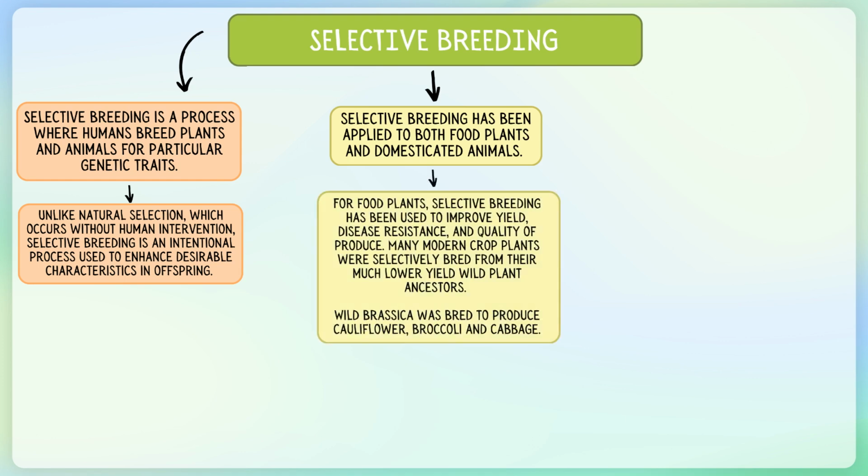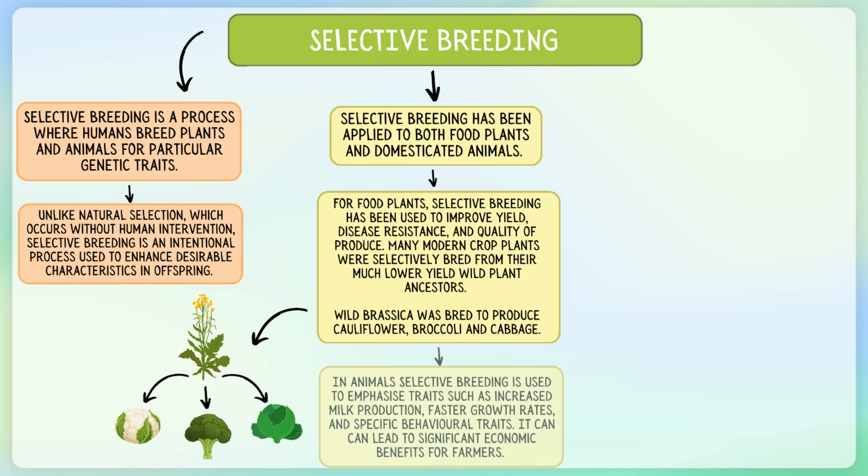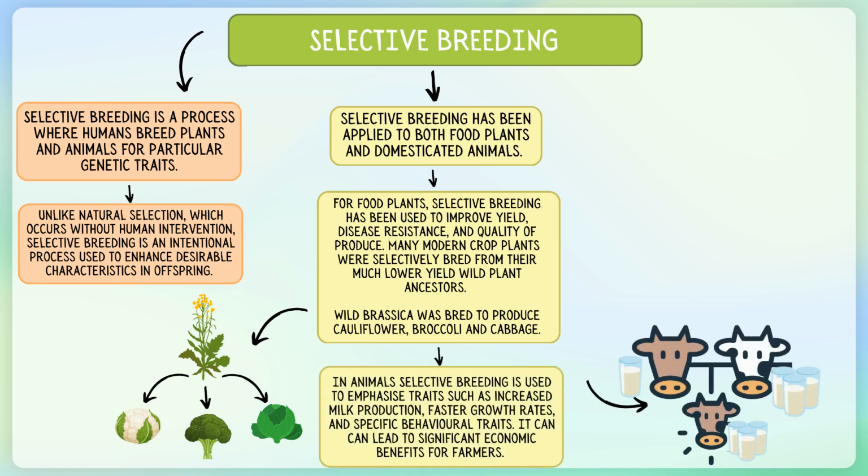For food plants, selective breeding has been used to improve yield, disease resistance, and quality of produce. Selective breeding is used to emphasize traits such as increased milk production, faster growth rates, and specific behavioral traits. These enhancements can lead to significant advantages, such as increased productivity and economic benefits for farmers.